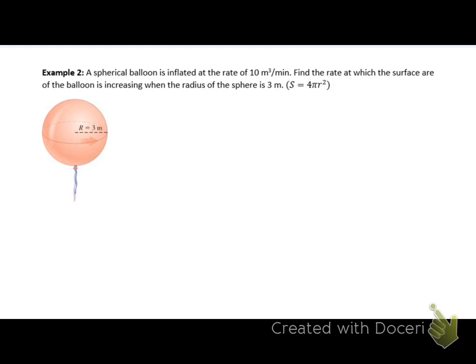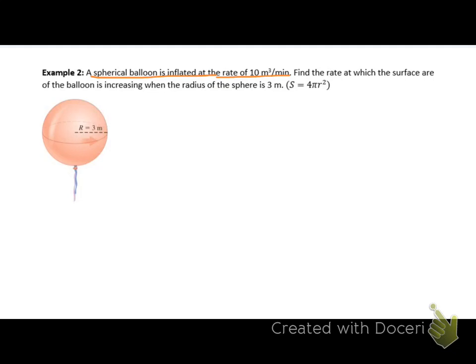Now let's go through everything they give us. A spherical balloon is inflated at the rate of 10 meters cubed per minute. So that's the rate at which the spherical balloon is being inflated. Now, surface area is not the rate at which something is being inflated. That's the change in surface area.